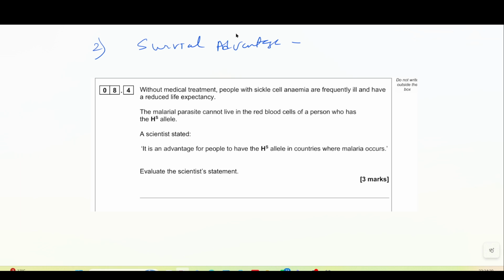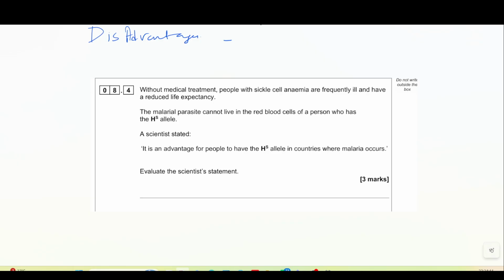So they have a survival advantage over people who have sickle cell anemia. Okay. Next, now we'll write disadvantages.